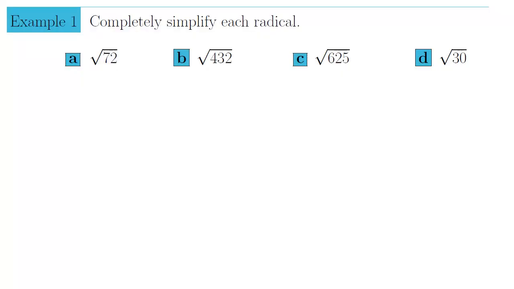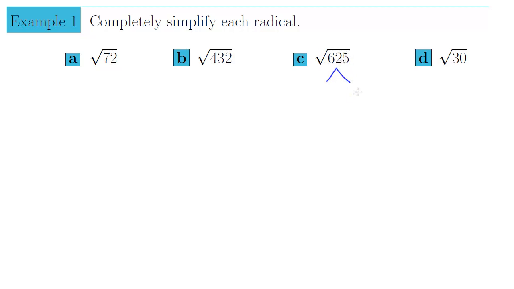On to part C, where we have another square root to simplify, the square root of 625. Even though 625 is sort of a big number, it's actually easy to factor. Okay, so when we try to simplify this square root, we are going to start just like usual by building our factor tree. And the first thing you should notice is that this number ends in a 5.